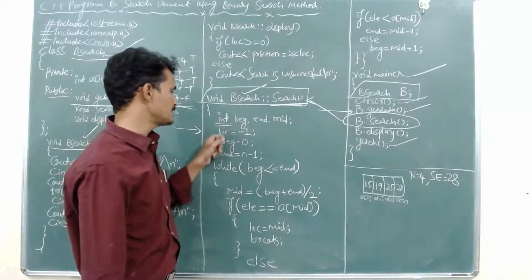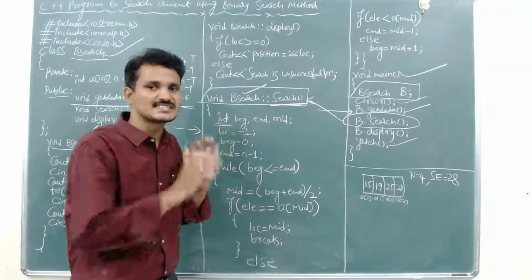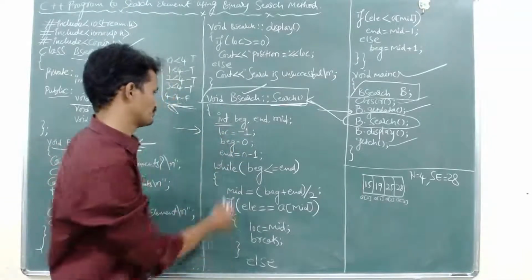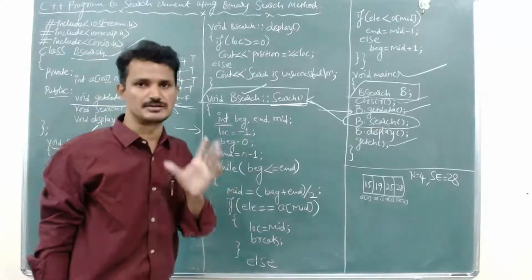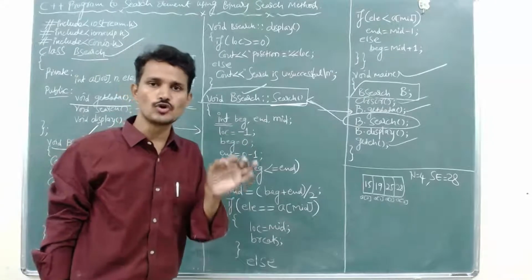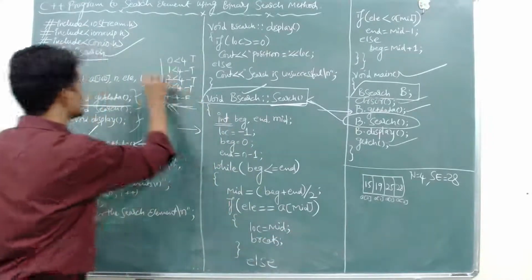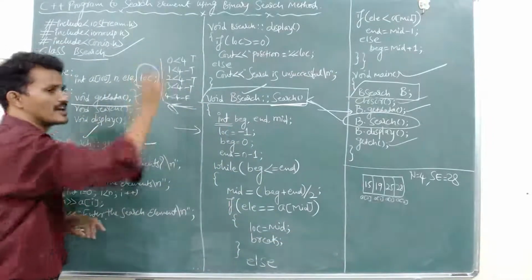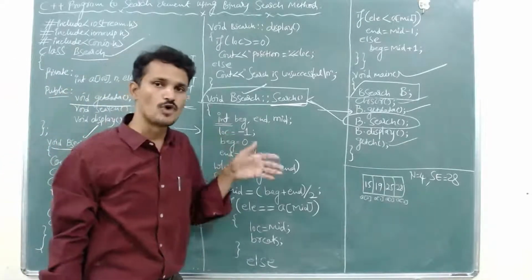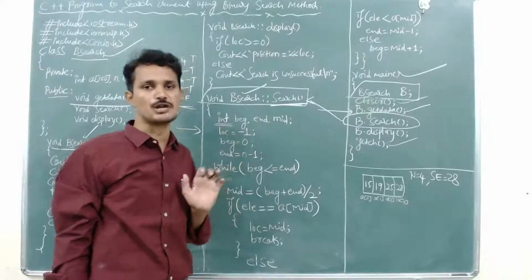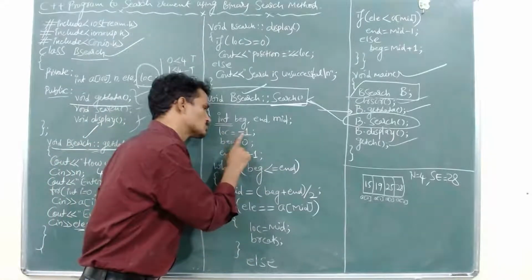In the next line, what we are doing is assigning a value for the variables. Here, LOC stands for location. There you can see location is already declared in the declaration part at the beginning of the program. But in the middle of the program, I am just assigning a value. Location is equal to -1.